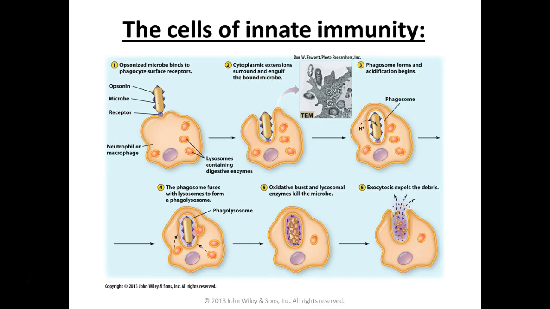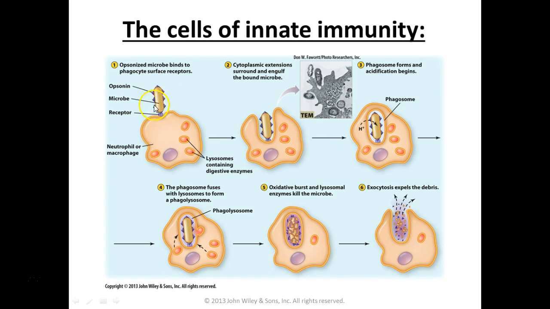So the first step in the process of phagocytosis is actually being able to bind to the pathogen, whether it be a bacteria, a virus, a fungus. One of the ways that can be accelerated is via opsonization.